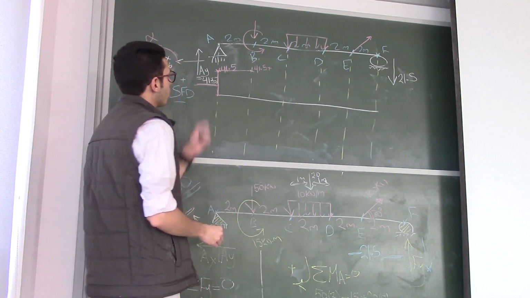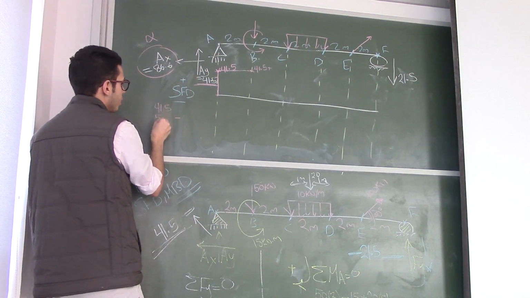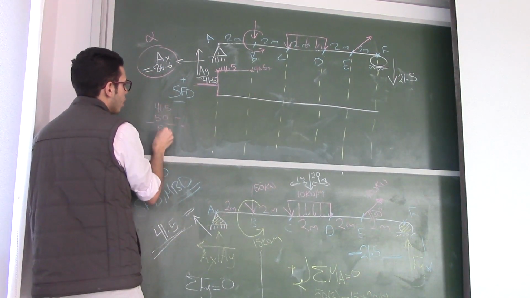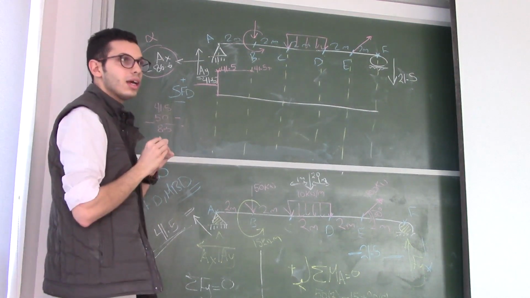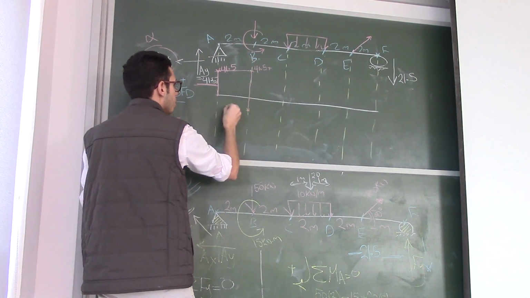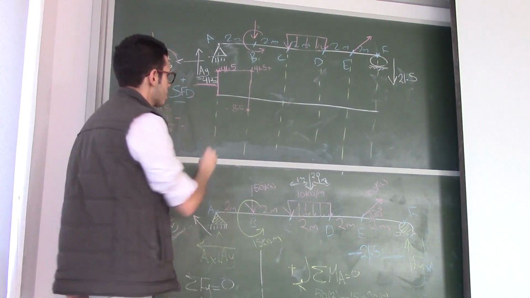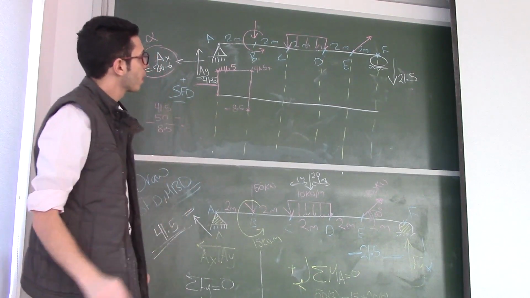So you go 41.5 minus 50, and this is equal to minus 8.5. So I will go to minus 8.5.